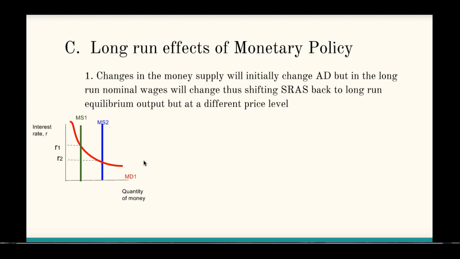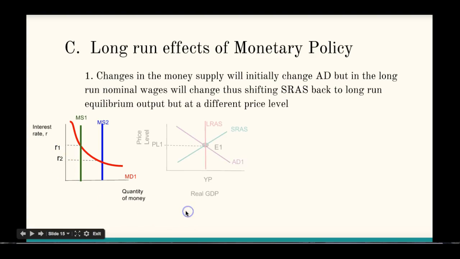When you increase the money supply from this green line to the blue line, our interest rate drops from R1 to R2. Because the interest rate drops, that will affect our aggregate supply and aggregate demand curves. In the short run, this lower interest rate will attract more people to take out loans.